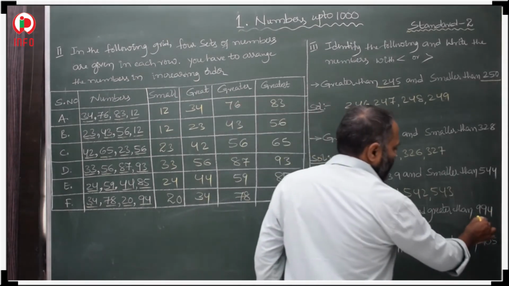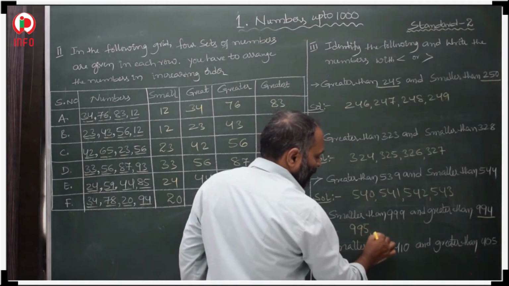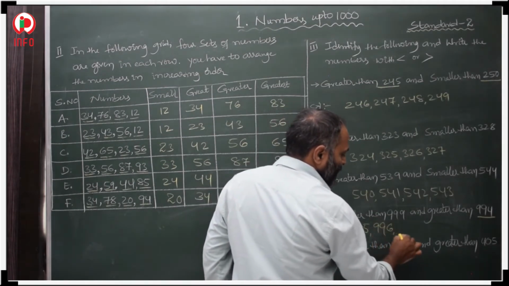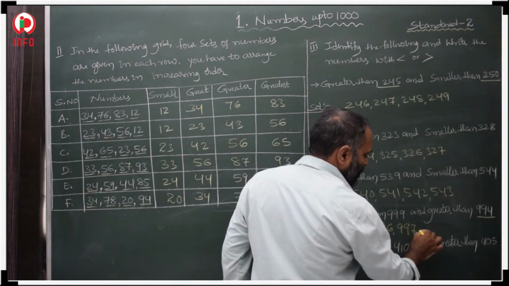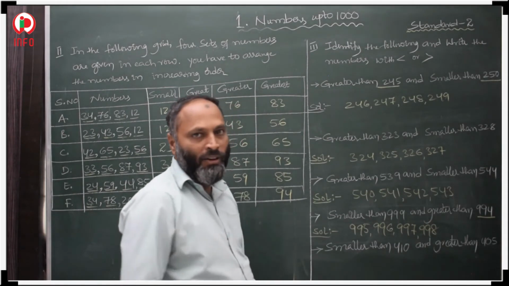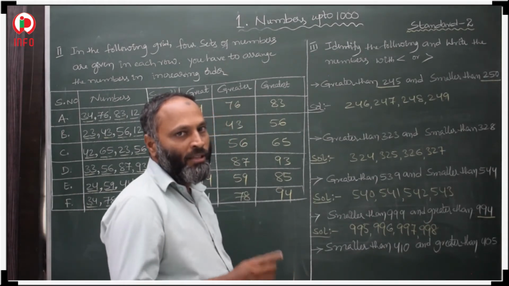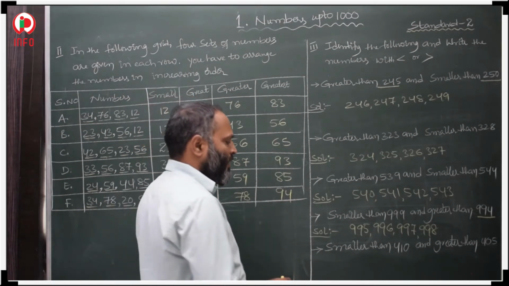First you take the smaller one. It starts from 995, 996, 997, 998. Till 998, don't write 999. Smaller than 999 means till 998 we have to write.